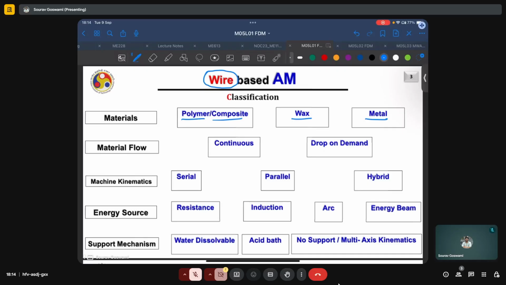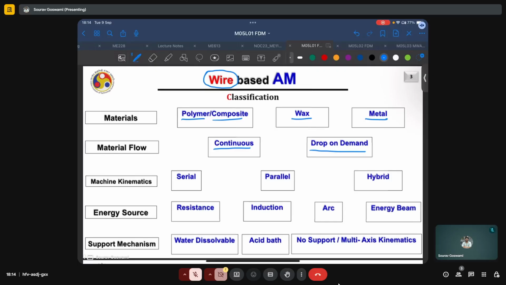Now, the transfer of this wire from the 3D printing machine to the substrate or the pre-deposited layers can either occur in a continuous fashion or it can occur in a drop on demand fashion, somewhat similar to how for liquid based AM processes we had those deposition heads with hundreds or sometimes thousands of micro nozzles which would dispense the tiny droplets of the build material selectively or the binder material selectively in the regions of interest.